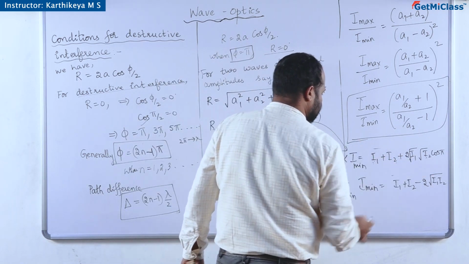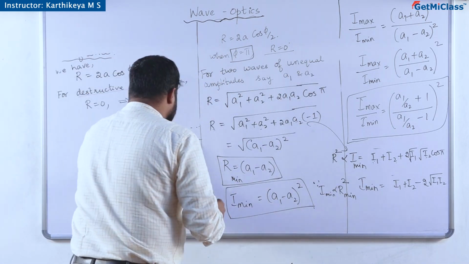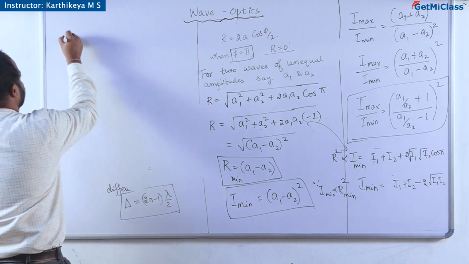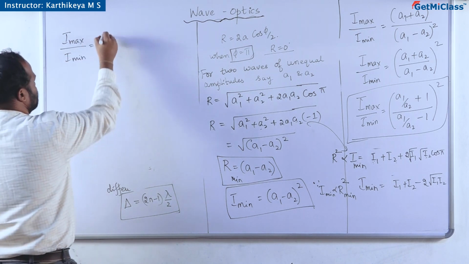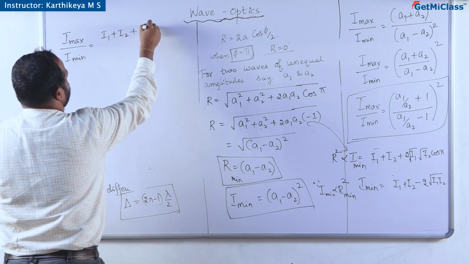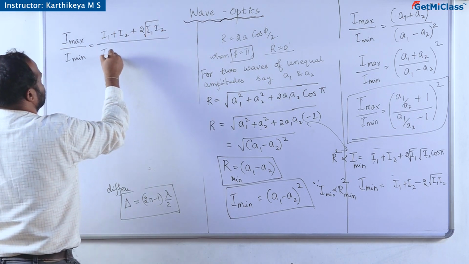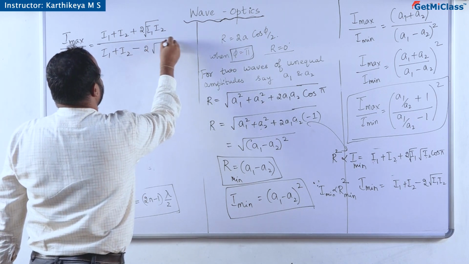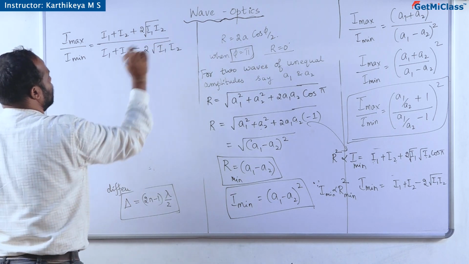So if we take the ratio in terms of maximum to minimum intensity, the other formula is I max by I minimum is I1 plus I2 plus 2 root I1 I2 divided by I1 plus I2 minus 2 root I1 I2.